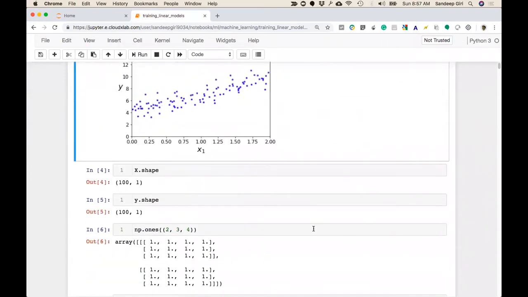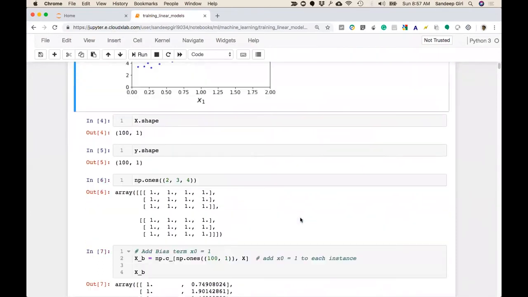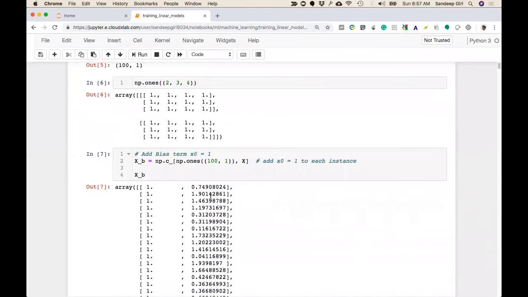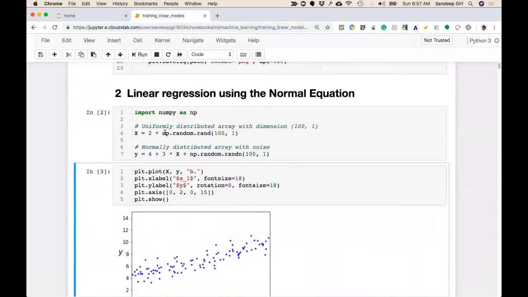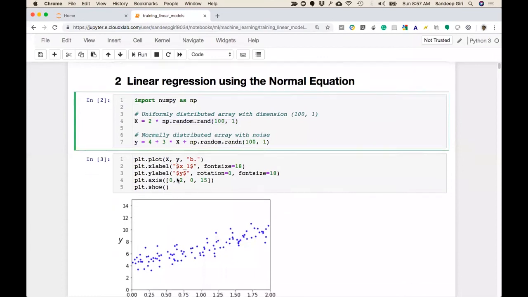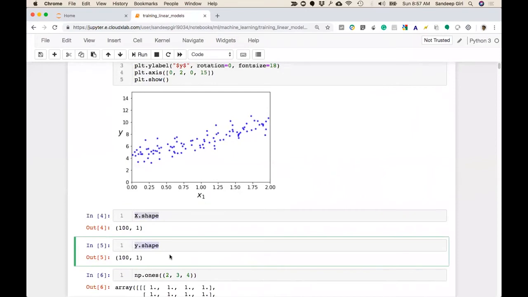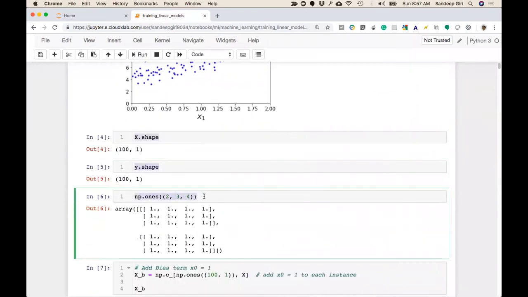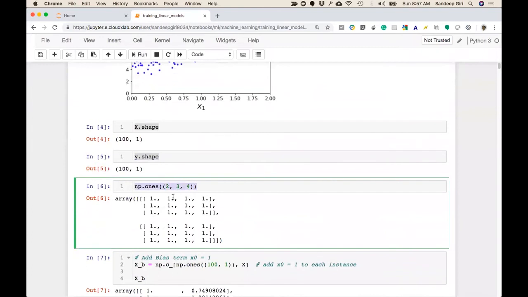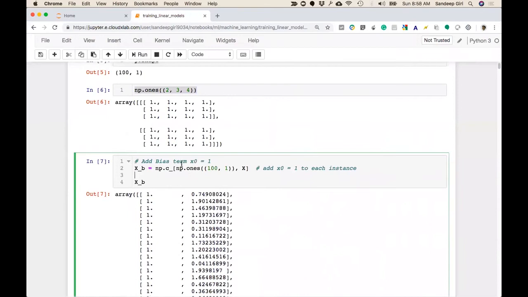For those wondering what's happening here, it's generating 100 random numbers with one column. The shape of x is 100 by 1, and the shape of y is 100 by 1. If you want to fill something of that size, you can use np.ones, and if you want to concatenate, you can add 1 to all those values.